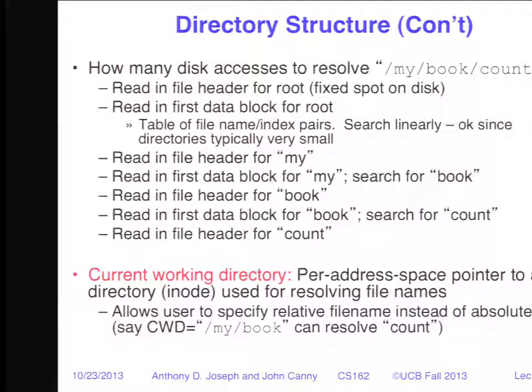And you've probably cached the first data block for book, which means successive operations on files in book are going to be very fast. Right, so if I do an ls of the directory, I have this data block in memory, so I'm just going to be able to list things out of memory instead of actually having to go to the disk. All right. So it's a little shortcut that saves a lot of overhead.